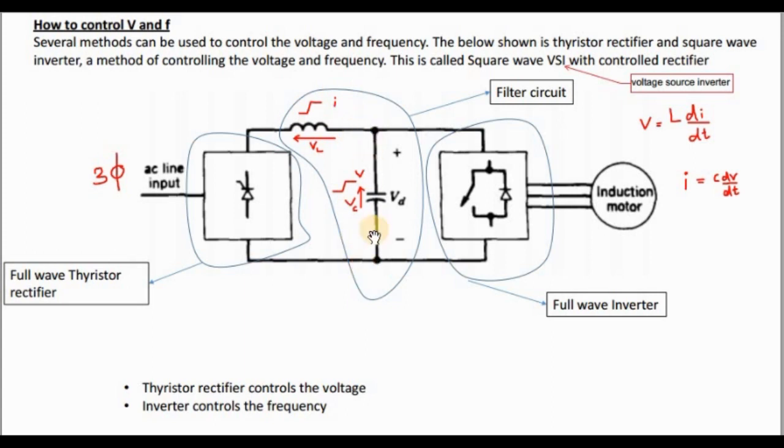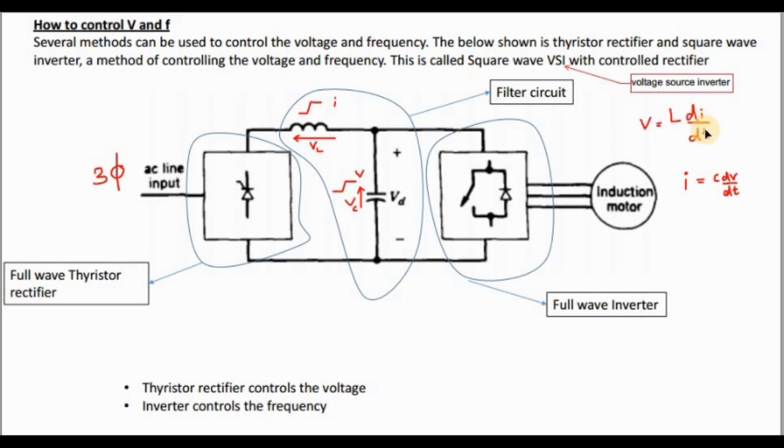This capacitor prevents sudden increase or decrease of voltage. Now if you write the formula for the inductor, this is VL. VL is equal to L di by dt.